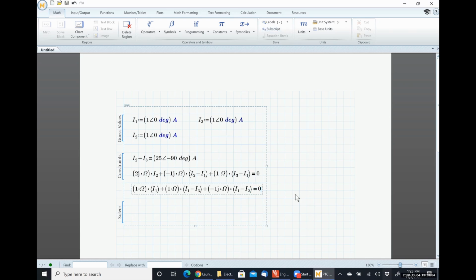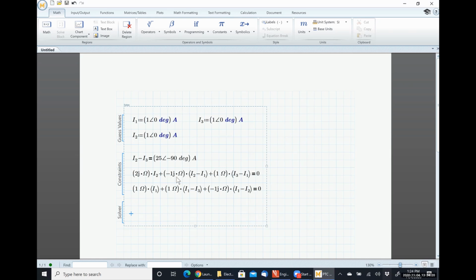I want to point something out here for those of you who haven't used MathCAD a lot. It's really easy to make it give you some errors in here because of the amount of parentheses and stuff like that that we're using. So I'm not 100% sure, but we can find out momentarily. But what I've done here is anytime I had the imaginary operator, I explicitly multiply that by a unit of ohm.